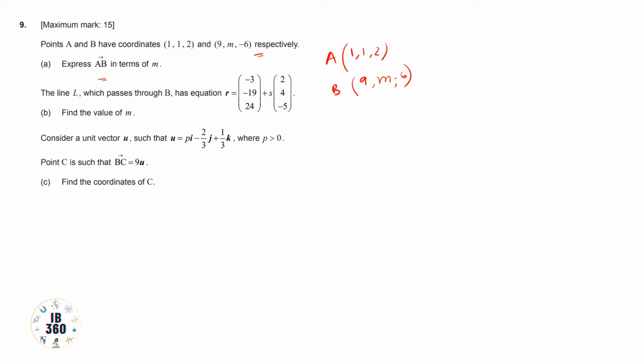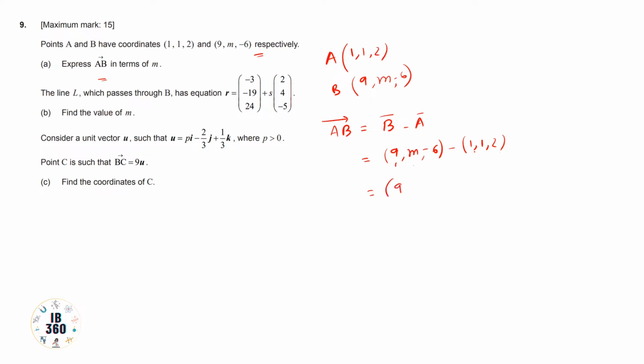For AB it is nothing but B minus A. So B is 9, m, -6 minus A, which is 1, 1, 2. Just match the terms and subtract them from the other term.